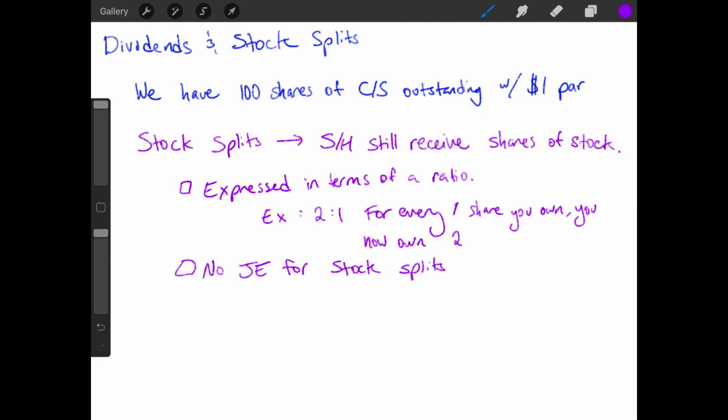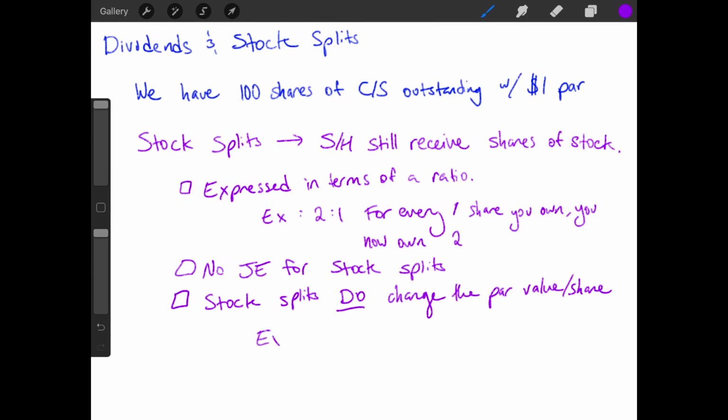Now, even though there's no journal entry for stock splits, we already saw how it changes the number of shares and the market price per share, but a stock split also does impact the par value of a share. So stock splits do change that par value per share. Again, we'll highlight this with an example. Let's say that we have that same 2-for-1 stock split.